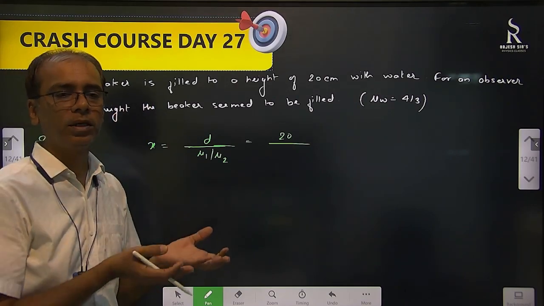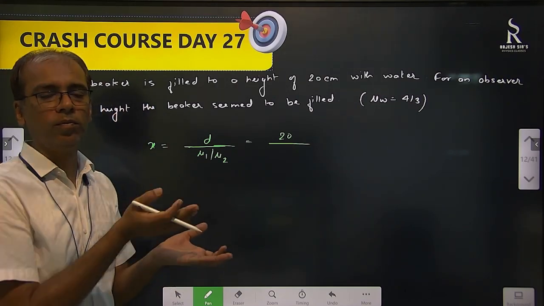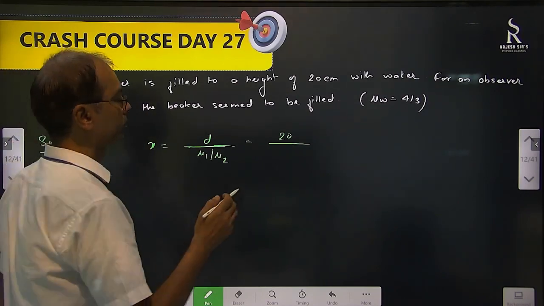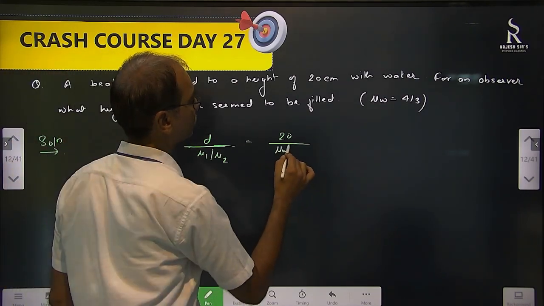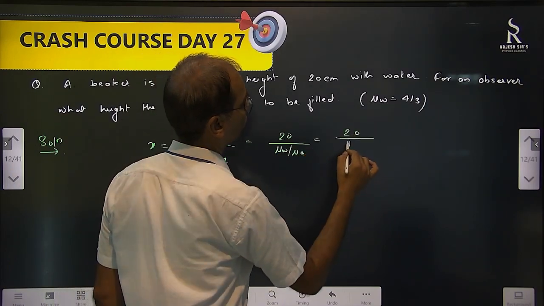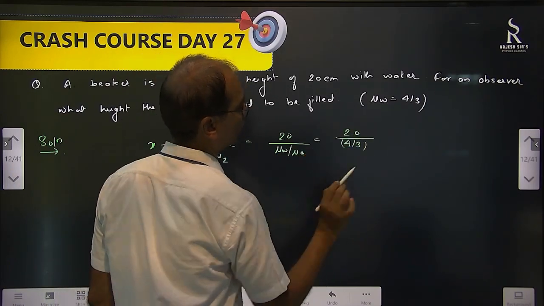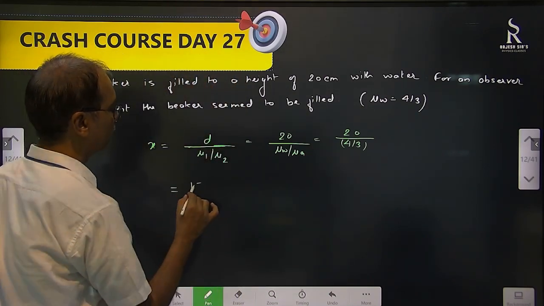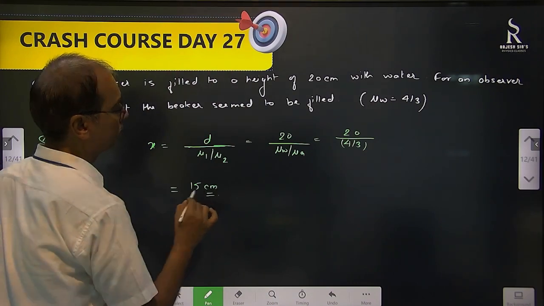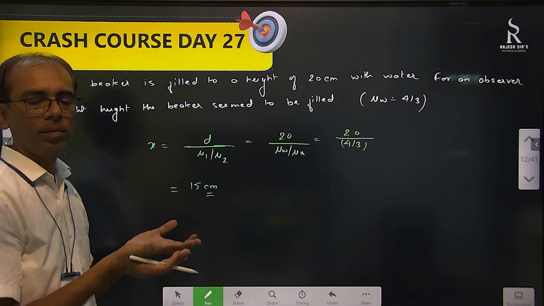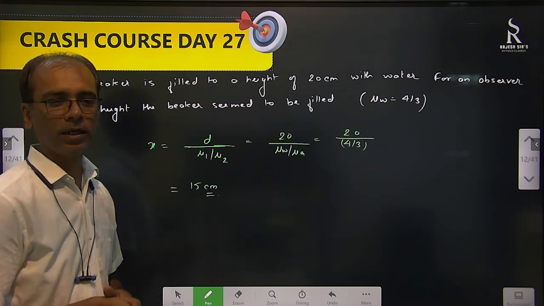So the base of the beaker is in water. From water it is going to air. So what is mu1? Water. Mu W by mu air. So 20 by 4 by 3 by 1, I am not writing the 1. So we are getting 15 centimeters. For that person, the base of that beaker will appear to be at 15 centimeters.